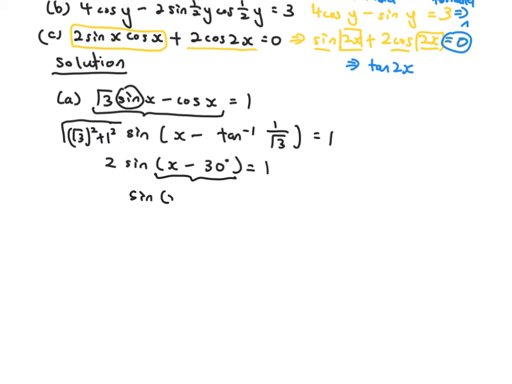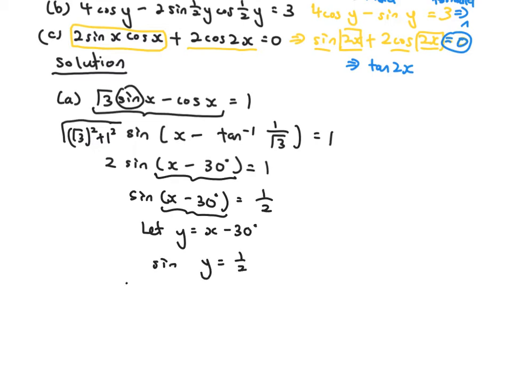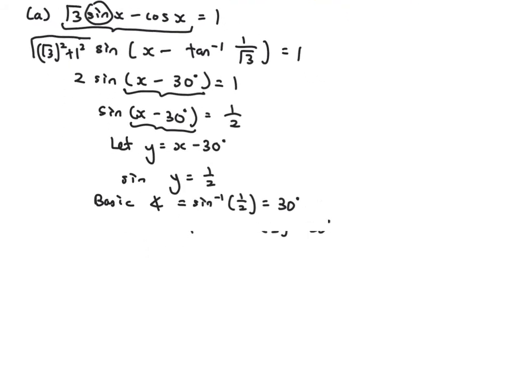So sine of x minus 30 degrees will equal 1 over 2. Now since this is compound, I'm going to let y be the compound angle and substitute it in. So sine y equals half. Basic angle of y will be sine inverse half, which is 30 degrees.